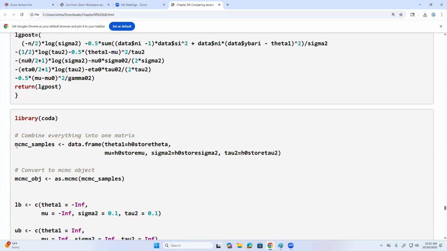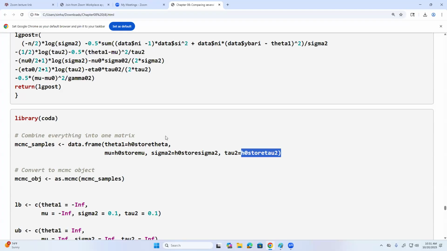Another thing is, previously we did the MCMC sampling, so we already had the theta values stored in H0 stored theta. Mu was stored here, sigma squared here, and tau squared here.